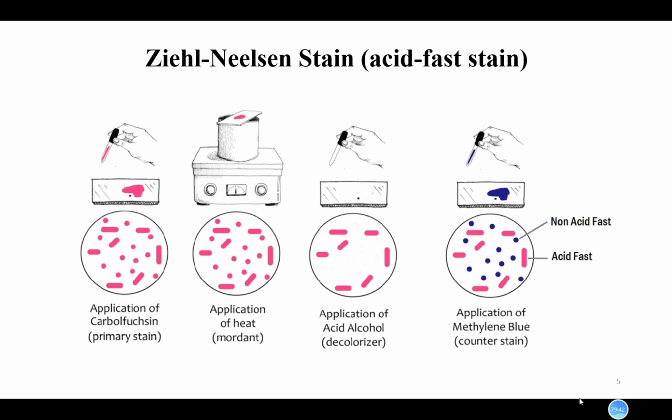Mycobacterium is more resistant to this decolorization. After this, we counterstain with a blue dye, so that after staining, Mycobacterium will show red color, while other bacteria will show blue. This is the third lab you are going to do.